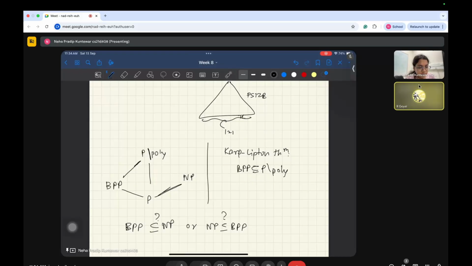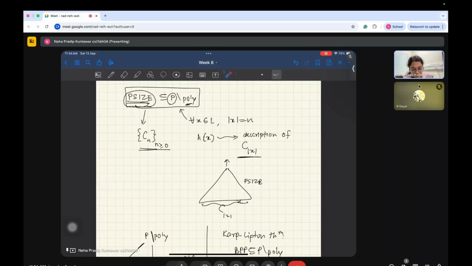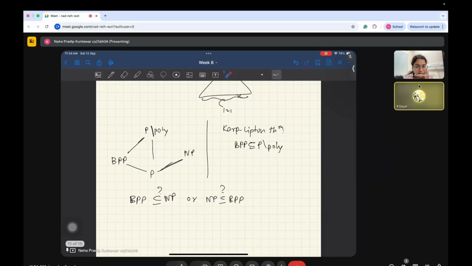Here you connect BPP with P/poly. How is it possible that circuit complexity classes and time complexity classes are connected somewhere? Do you mean other than the fact that here we have one class in terms of circuits and the other in terms of Turing machines? Yes. Other than that, how do we connect them?